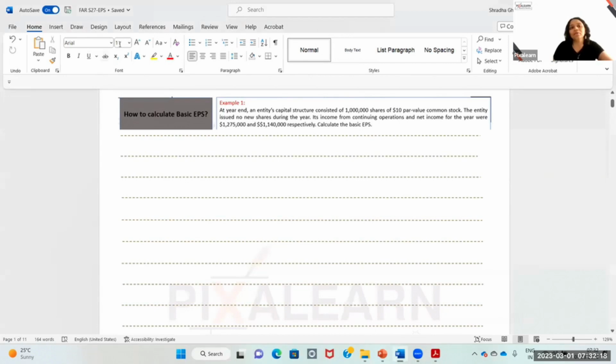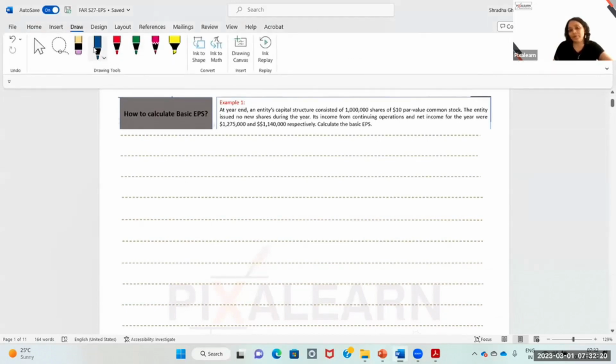Now guys, have you understood what is happening here? There are three figures: income from continuing operations, discontinued operations, and net income. Yes or no, guys? Is this making sense? So what are we saying?